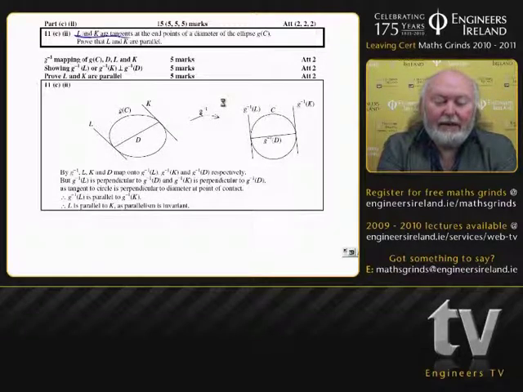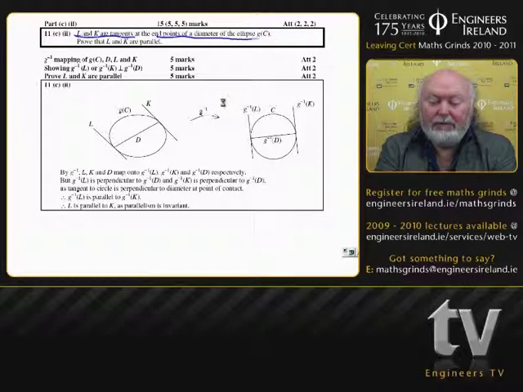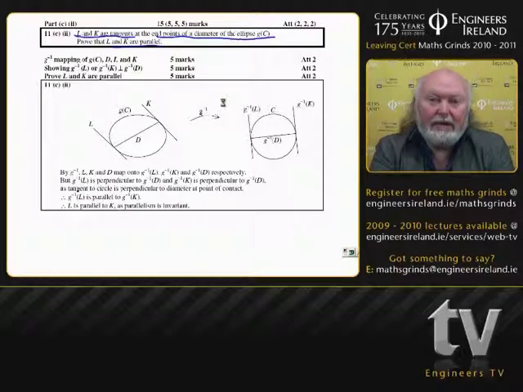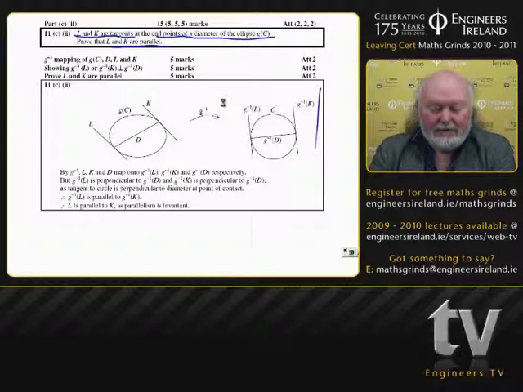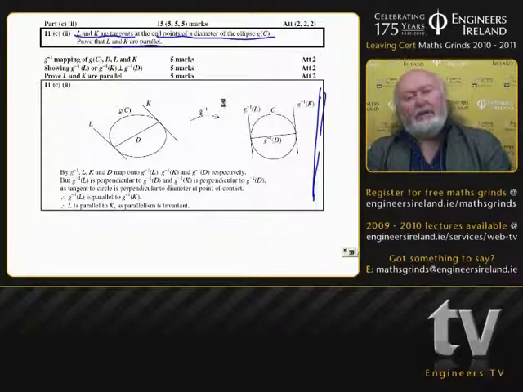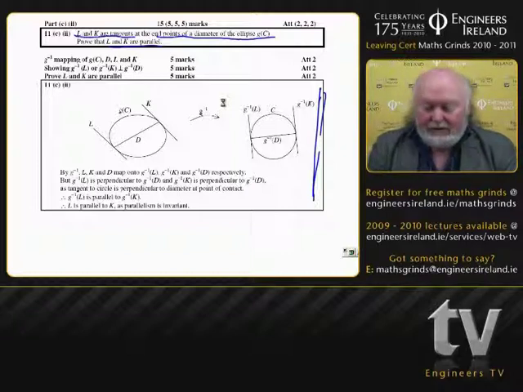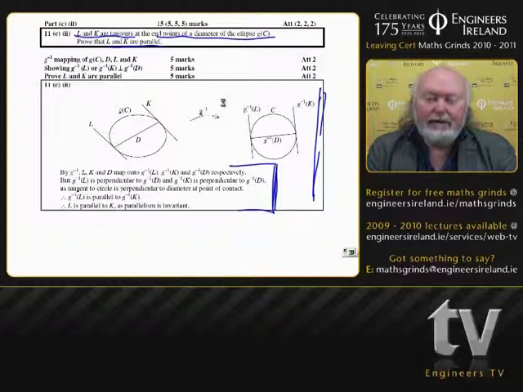L and K are tangents at the endpoints of the diameter of an ellipse GC. Prove that L and K are parallel. Have you seen that before? That's also a proof that has come up twice in the last 10 years. As you can see, there's almost nothing to it.